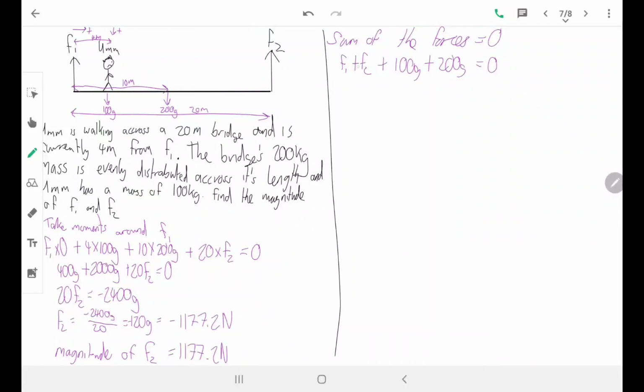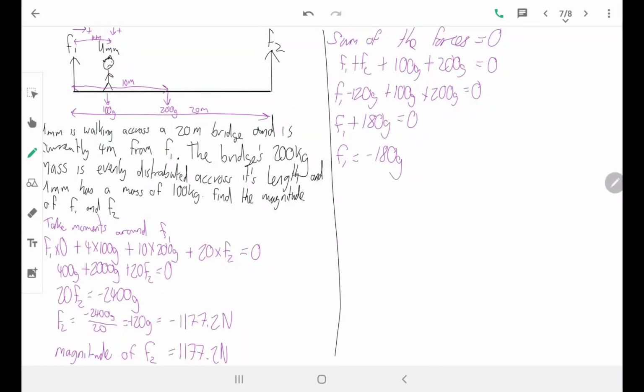Now, I know my F2 is minus 120G, so we've got F1 minus 120G plus 100G plus 200G equals 0. 100 plus 200 is 300 minus 120. So F1 plus 180G equals 0. F1 equals minus 180G.